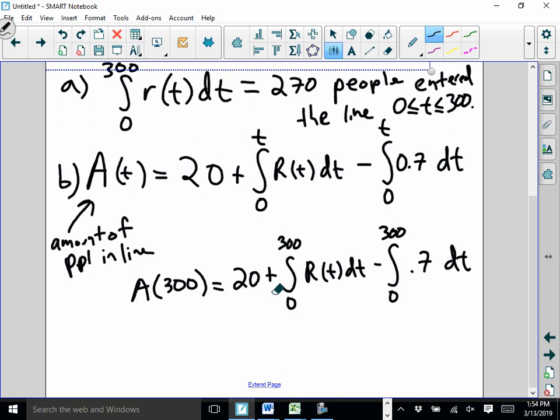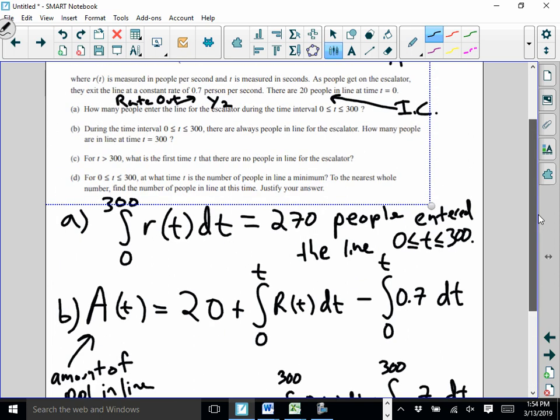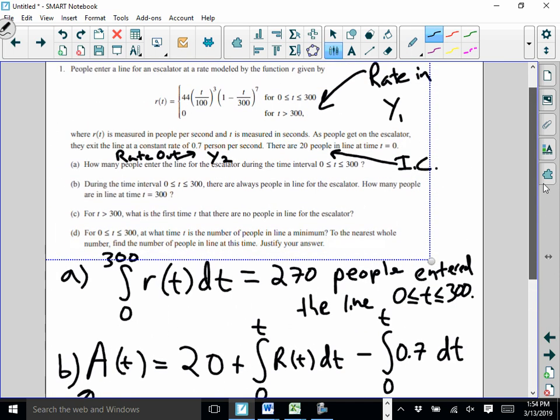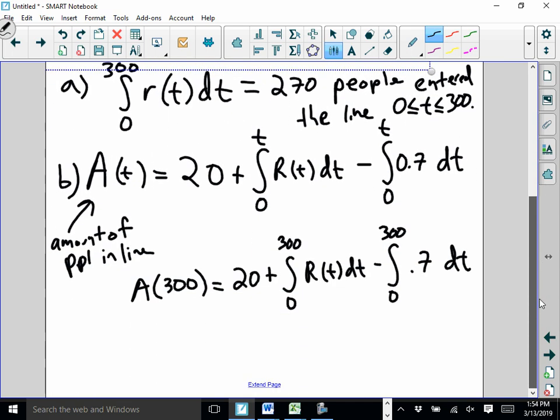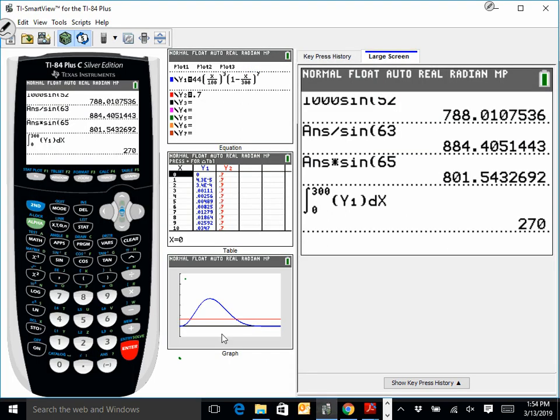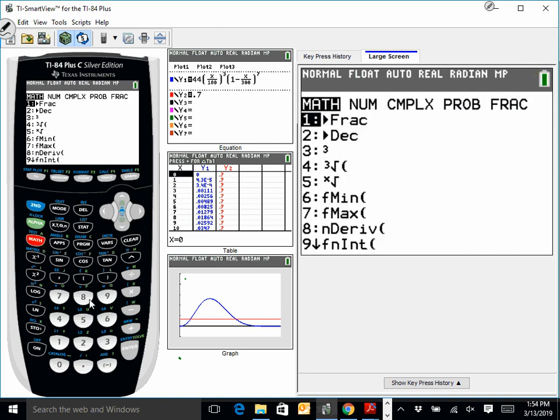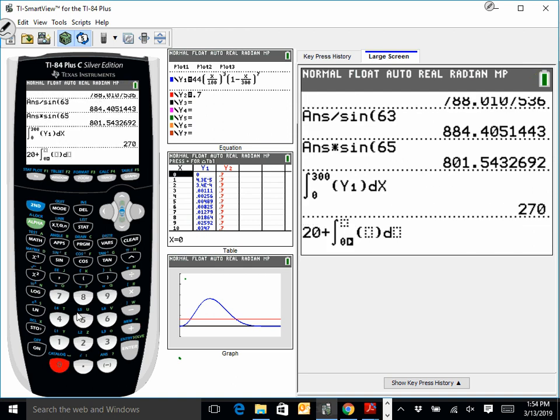Now remember, r of t is in my calculator as y1, 0.7 is in as y2, so I'll just go to my calculator, and I'll do 20 plus, math 9, integral 0 to 300 of my y1 function.